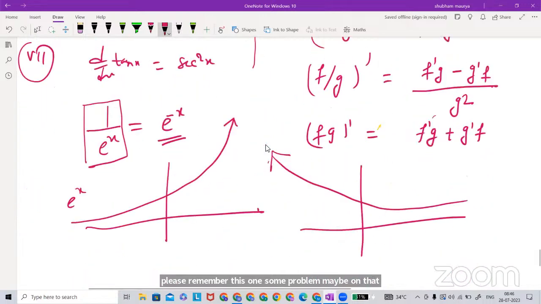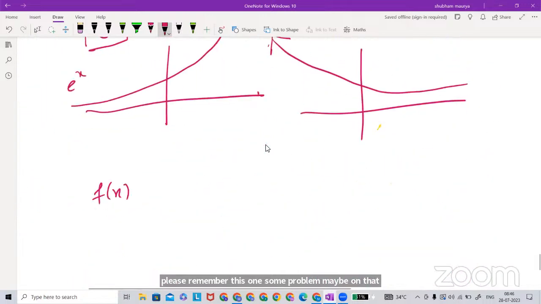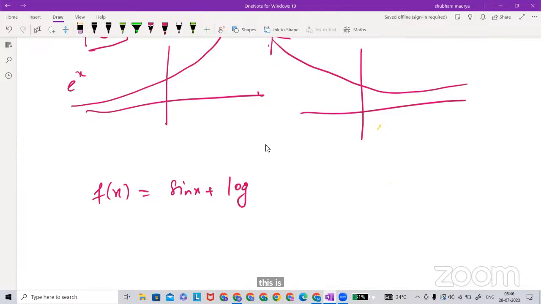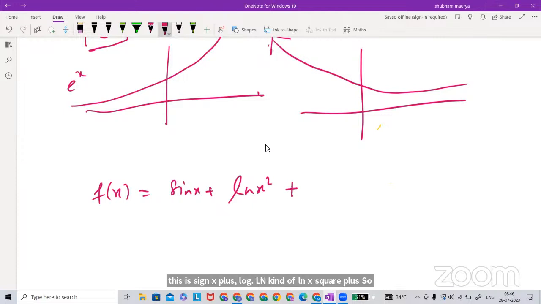Suppose you are given the function f(x) equal to sine x plus ln of x square plus a x to the power 3, where the composition still remains. You want to differentiate this function.